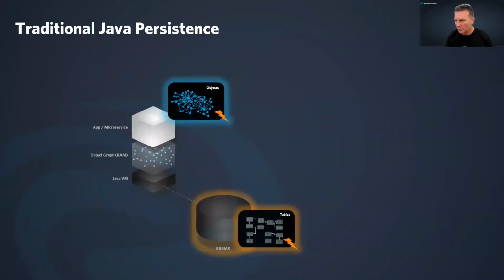The business logic is written in Java. We have an object graph in memory. In Hibernate, this would be your Hibernate entities. With MicroStream, you can use plain objects, plain old Java objects, POJO classes, no specific requirements to your classes. So you have an object graph. There are no rules and no requirements to your object model.